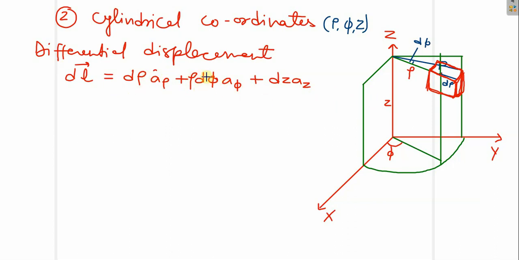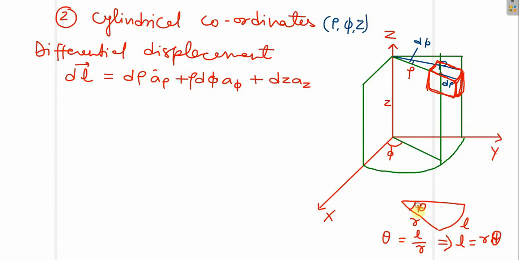Why it is not only d phi but rho d phi, that I will discuss. Let's say we have one sector, and this is your theta, and this one is your length, and this is your radius. So theta equals what? L upon r. So from here L equals r into theta.